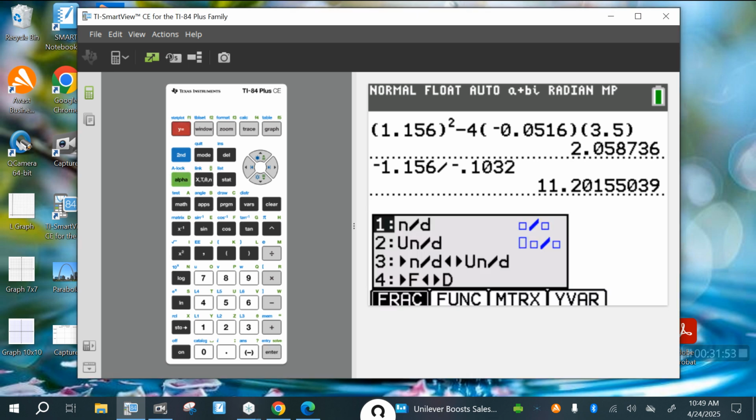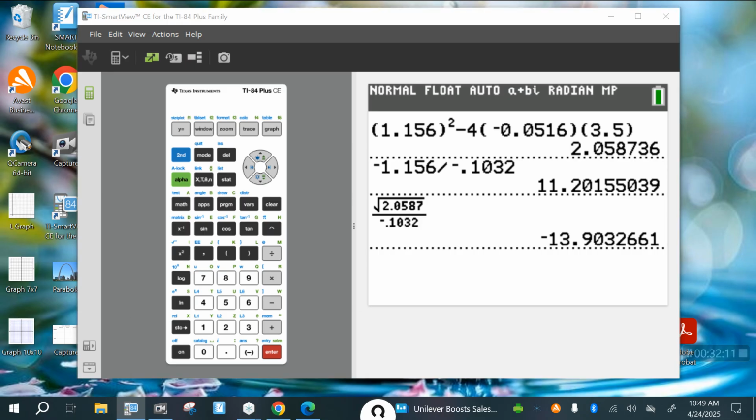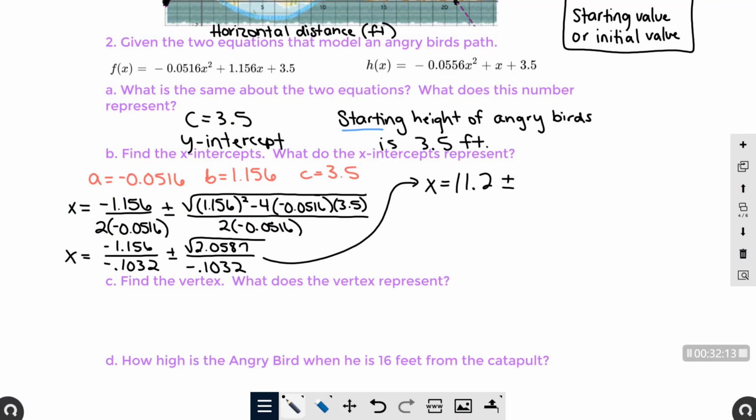Remember, alpha y equals inner. That can give you the fraction look to it. So it was square root of 2.0587, and then over that denominator, and I get negative 13.90. So you kind of got to go slow on these with all of those decimals. But just type it in and be real careful of how you type it in.